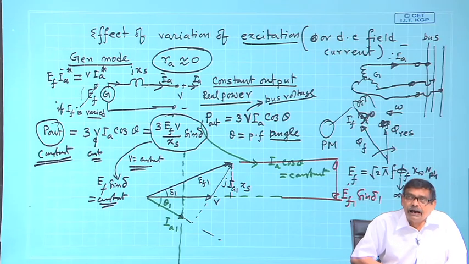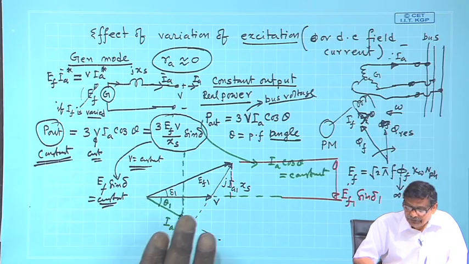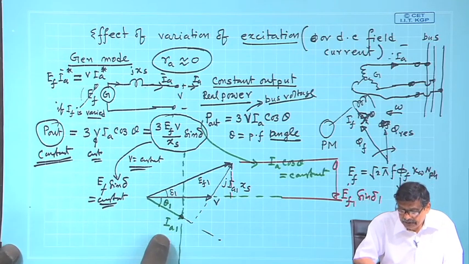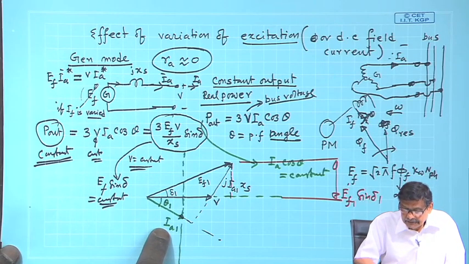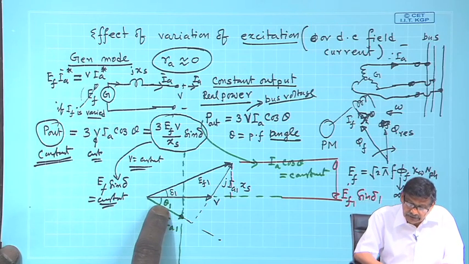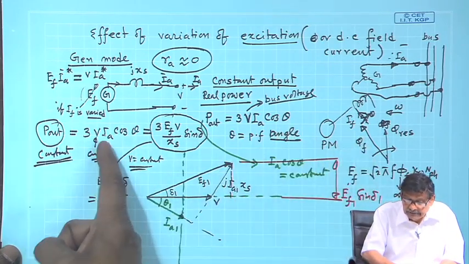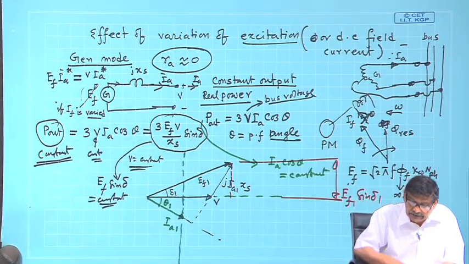Now, the most important point. This is for a general operating point. Generator is delivering a certain armature current I a 1 at a power factor angle theta 1. At that time, this is E f 1 and I am demanding that this power remains constant.